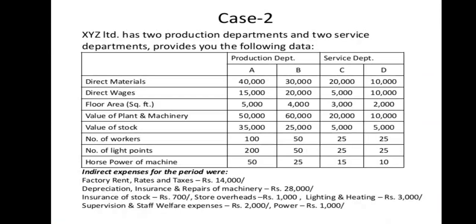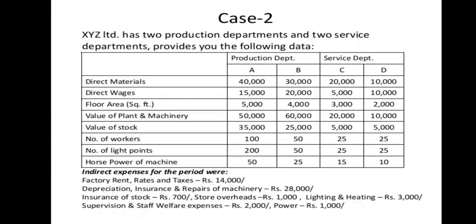Value of stock 35,000, 25,000, 5,000 and 5,000. Number of workers who worked for production department A 100, for production department B 50. Similarly, in service department C, the number of workers worked 25 and department D 25.